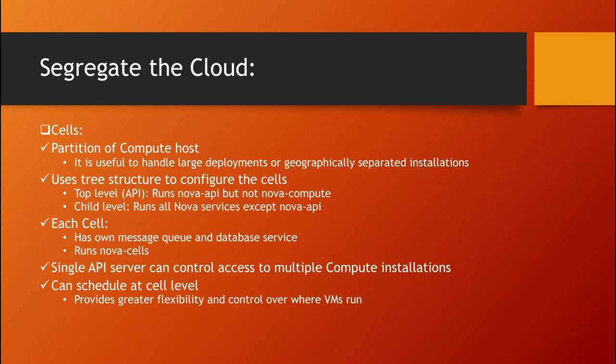This is a very good feature which gives you greater flexibility and control over where the VM runs. So how it works: you have your top level API cell which has the underlying child level, so it has control over all the children and it gets the status of all of them. Now if you want to put an instance, it can decide which compute node to run the instance on. This gives OpenStack more flexibility to schedule the VM running.